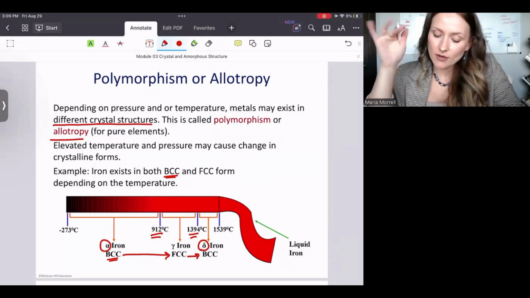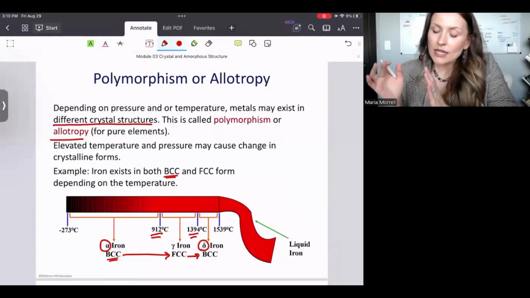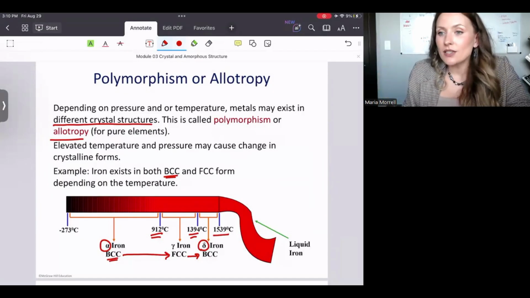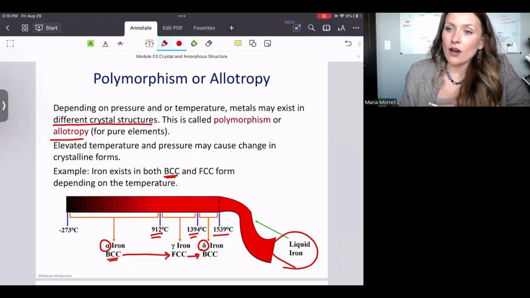I'm not going to waste your time, guys. I'm not sure I'm using the proper Latin name for this letter, but you get the point. Now, once you cross the 1539 degrees C temperature, then you are actually liquefying iron.